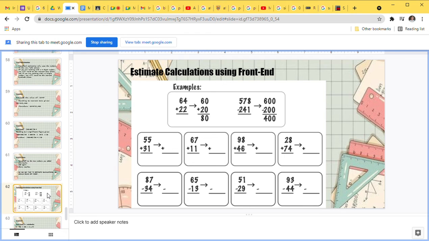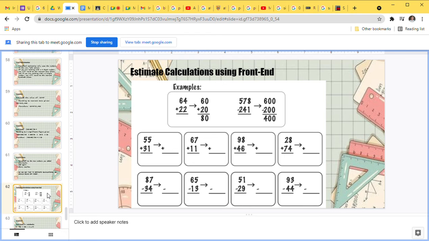If we round off 67, what do we have? 70. And if we round off 11? 10. So 70 plus 10? 80. Very good.